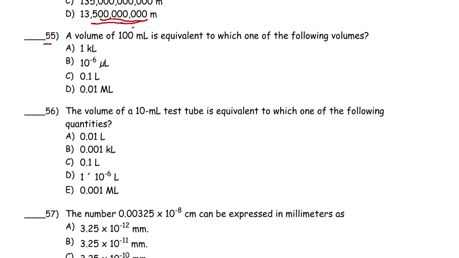For 55, 100 milliliter is equivalent to which one? You know that 1 liter equals 10 power 3 milliliter. Milliliter goes with milliliter, so 100 over 1000 means 0.1 liter.